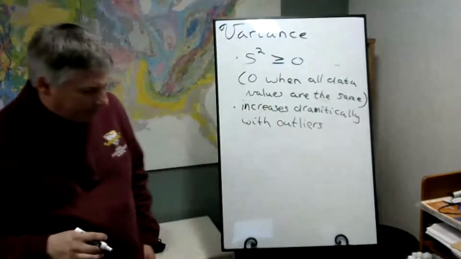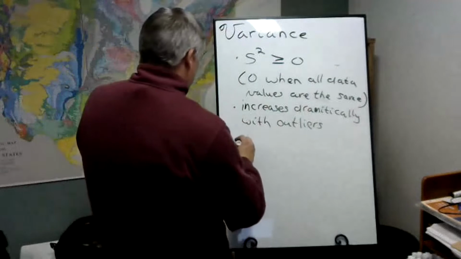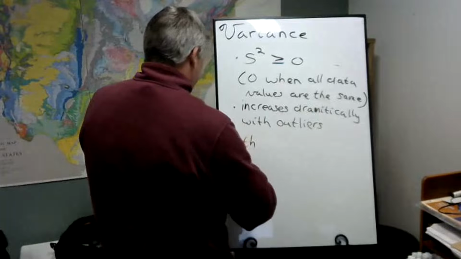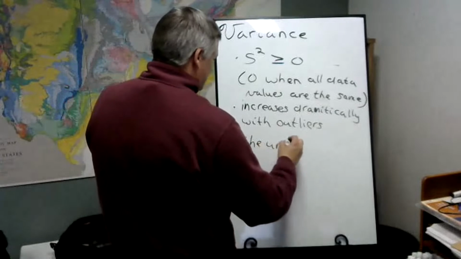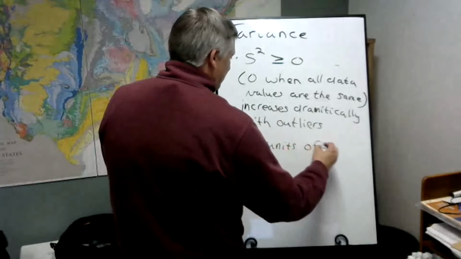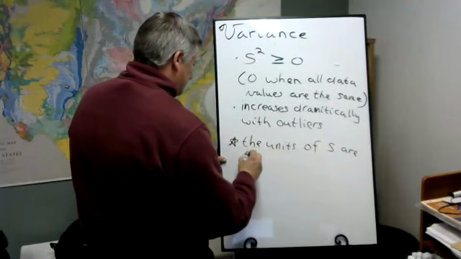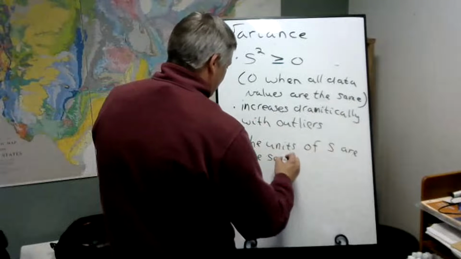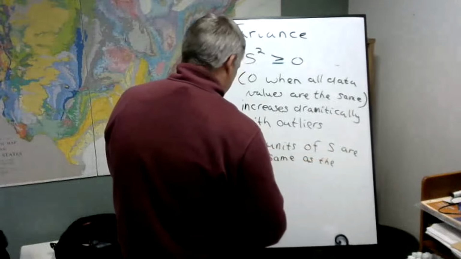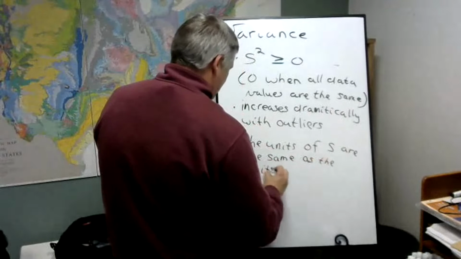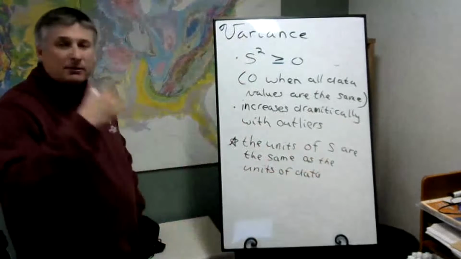The issue that comes up with it, like, why don't they just use this? The reason is this: the units of s are the same as the units of the data.